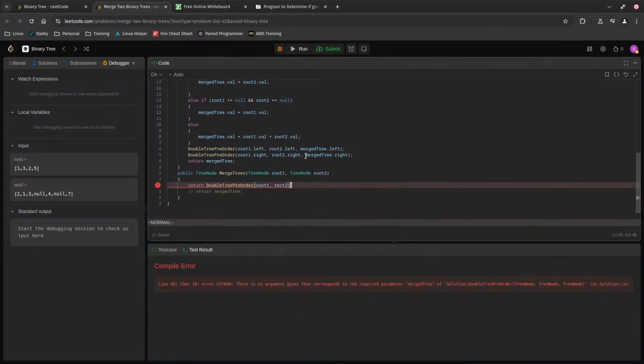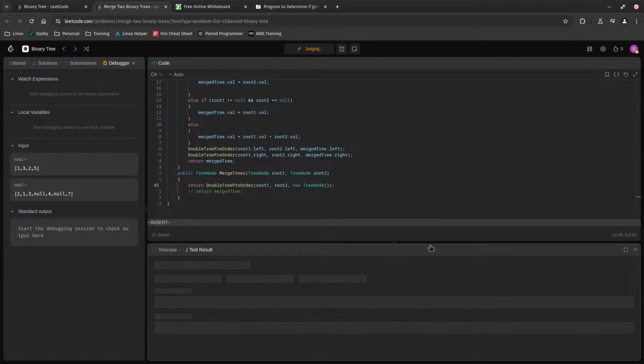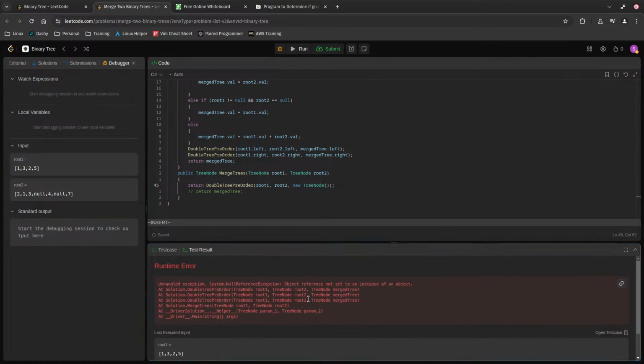New TreeNode. That won't work, will it? Oh, so it actually gets past that point.